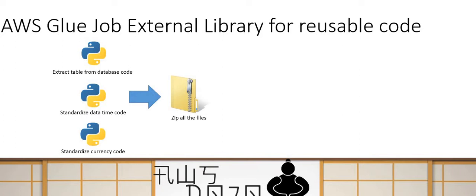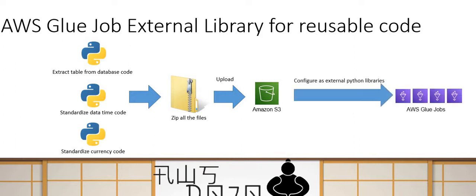Depending on what different types of cleansing or extraction reusable code you're creating, you can create a module format within Python, and then you simply zip all those files together. Once you zip them together, you can upload it to an Amazon S3 bucket, and that zip file in the bucket can then be configured as an external Python library in your glue job.